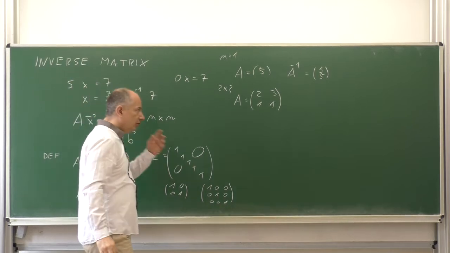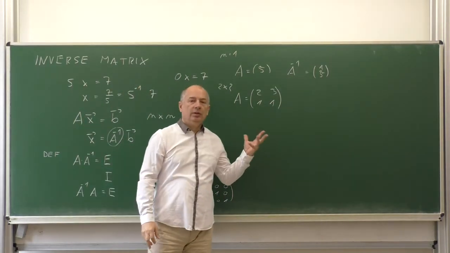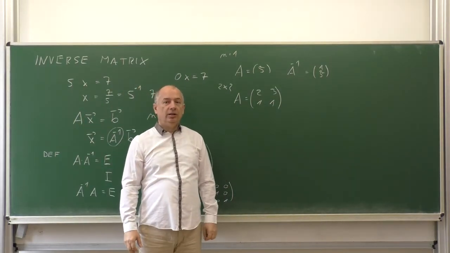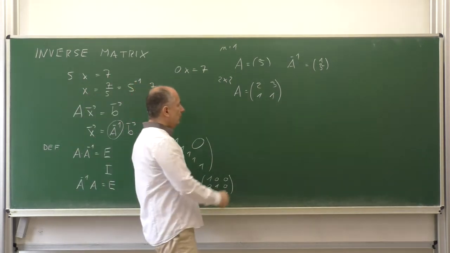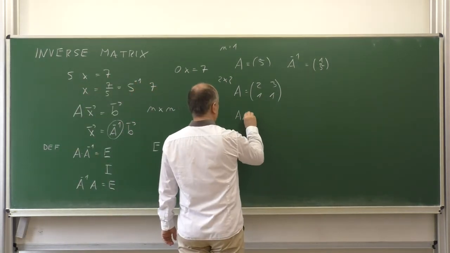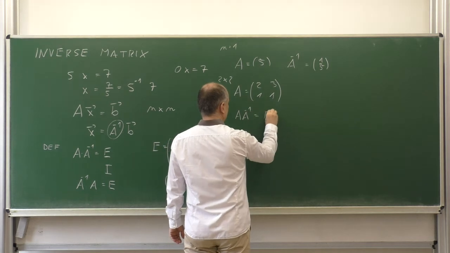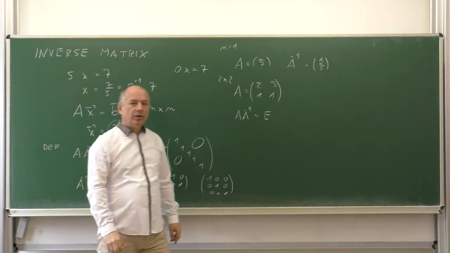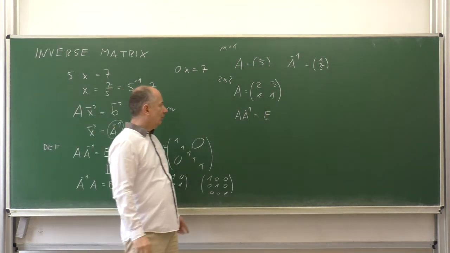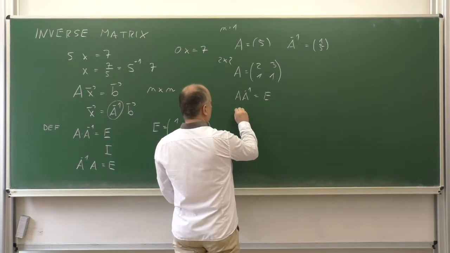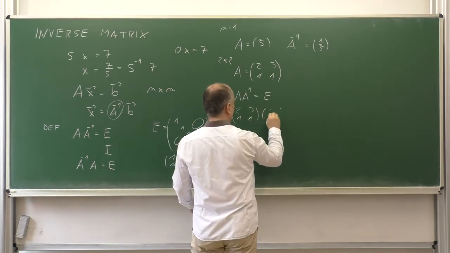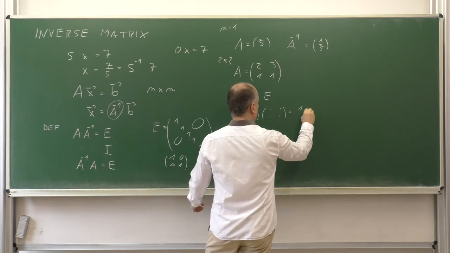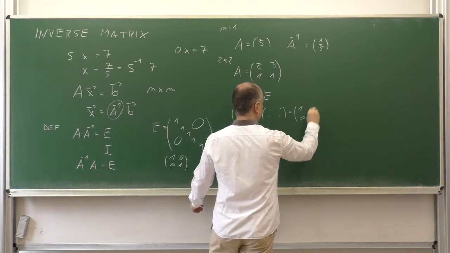And let me show you two algorithms how to find the inverse matrix. So we want to find A minus 1 such that the product is E. That means 2, 3, 1, 1 times something, something, something, something is equal to 1, 0, 0, 1.